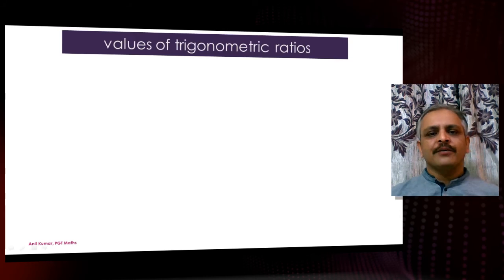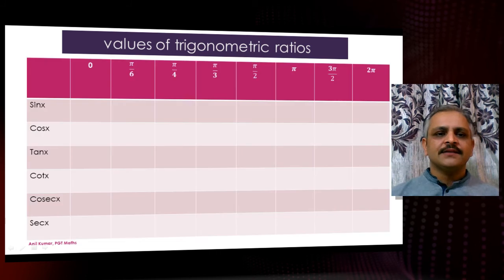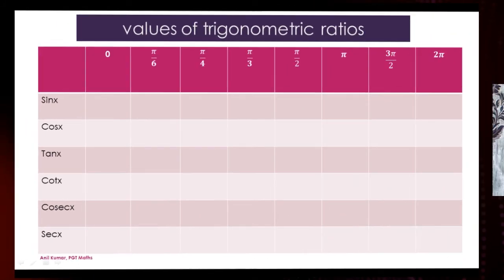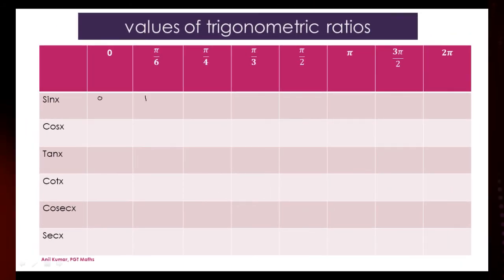So the values of trigonometric ratios we studied in class 10th also. So let's revise that. Sin x, as you know, the trick for how to write down all these values: 0, 1, 2, 3 and 4 up to pi by 2, that trick works.